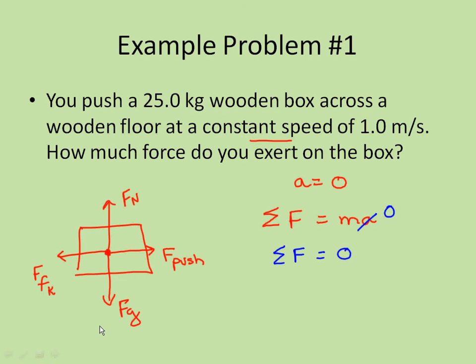To my right will be the positive, so my push minus the frictional force is going to give us m times a, which is 0. So remember, this summation is just all the forces acting on the box. I'm trying to figure out that force that I'm pushing with, so I know the push is equal to the kinetic frictional force. So we have some more work to do before we can solve the problem.